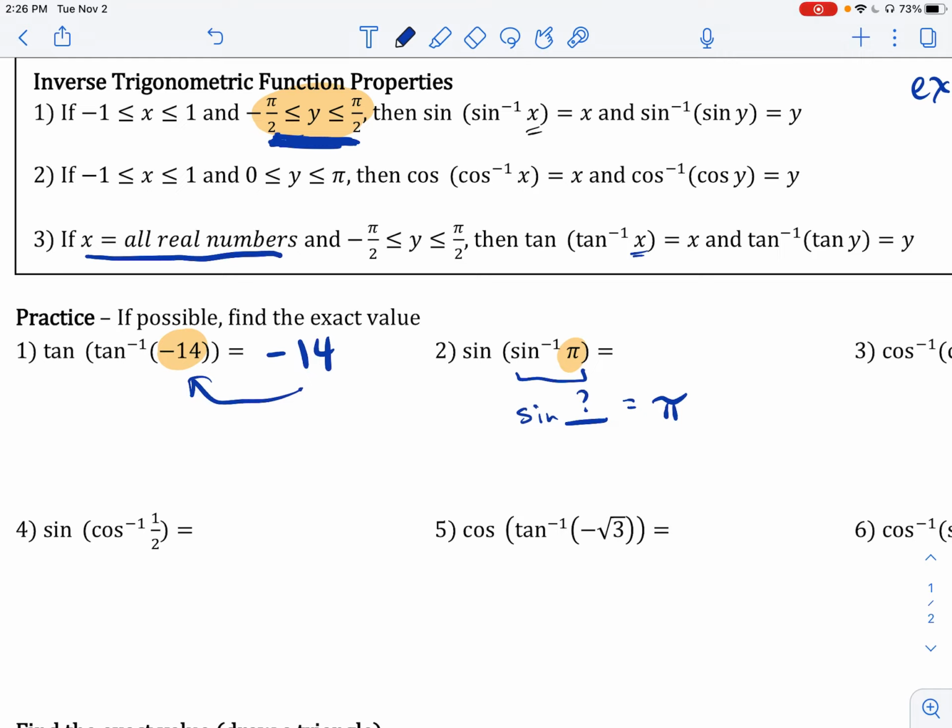It's strictly from -1 to 1. Pi is outside of that range. So there is no angle whose sine would ever be greater than 1. So this is going to be undefined. Pi is not in the interval from -1 to 1.